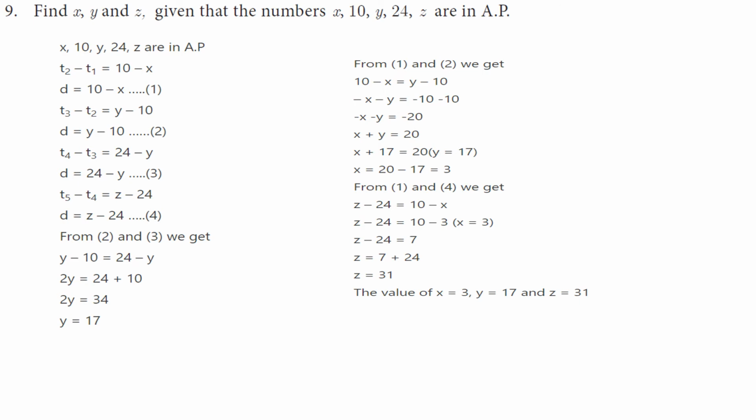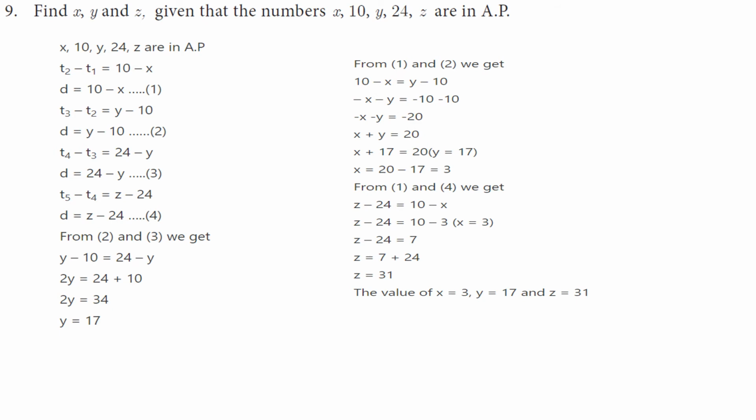So from equations 2 and 3, we get y minus 10 equals 24 minus y. Grouping like terms, y from the right-hand side comes to the left-hand side as plus. Therefore, 2y equals 24, and minus 10 goes to the right-hand side as plus, 24 plus 10. 2y equals 34, which means y equals 17.